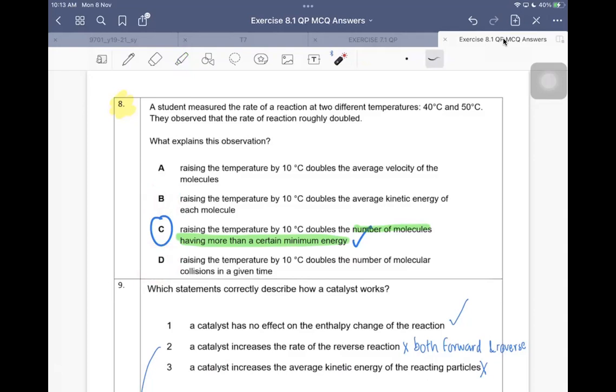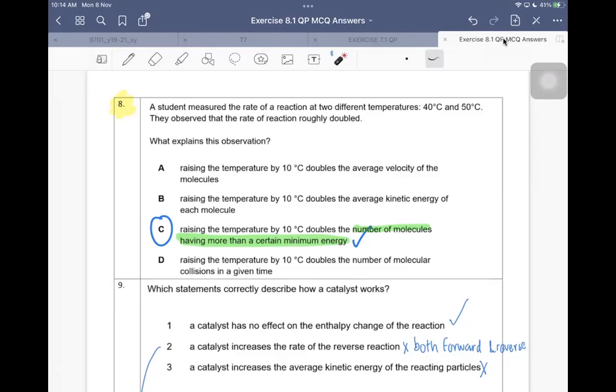For example, catalysts increase the rate by providing a lower activation energy. Temperature increases the rate by increasing the number of molecules having energy bigger than activation energy. Next, concentration and pressure work the same way. Only concentration and pressure have the same explanation.